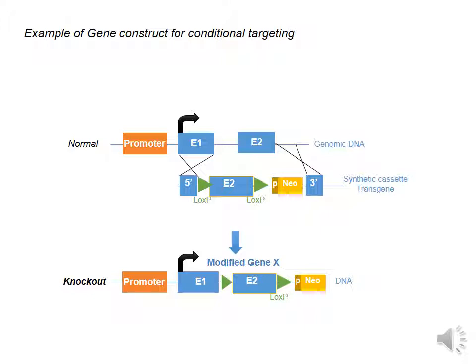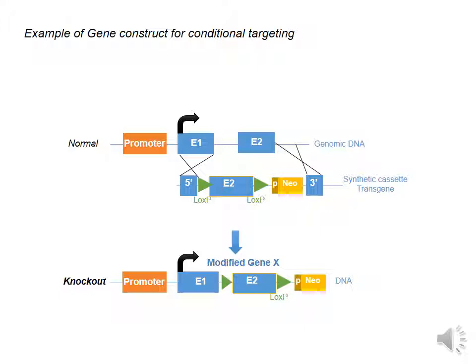And this will be followed by a 3' homologous arm that will enable recombination with this other side of the genomic DNA. After homologous recombination, we will remove exon 2 and replace it by a LoxP-flanked exon 2.